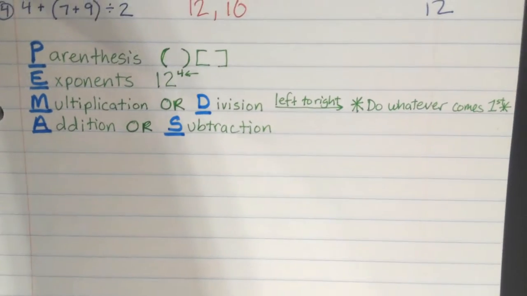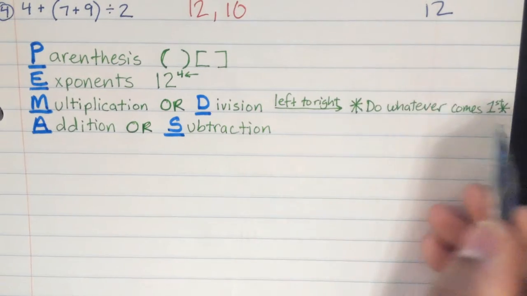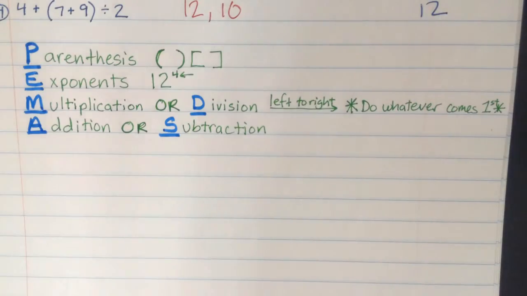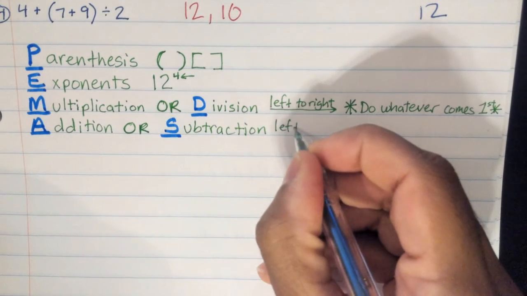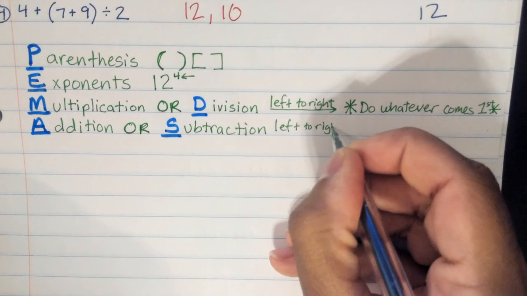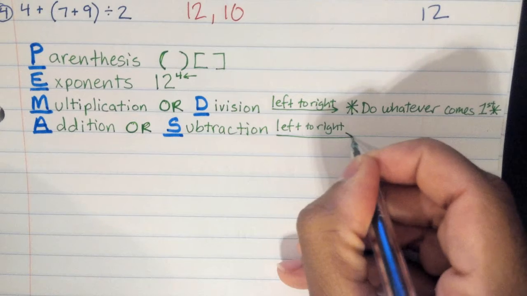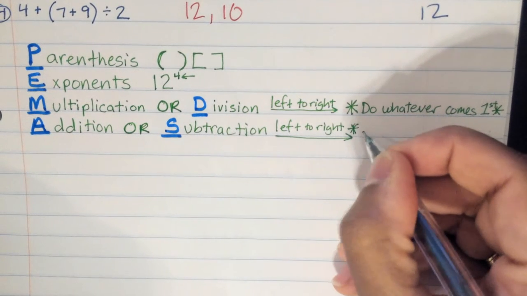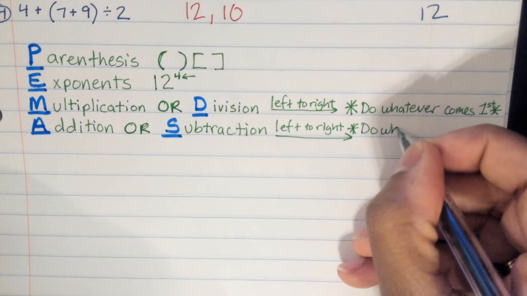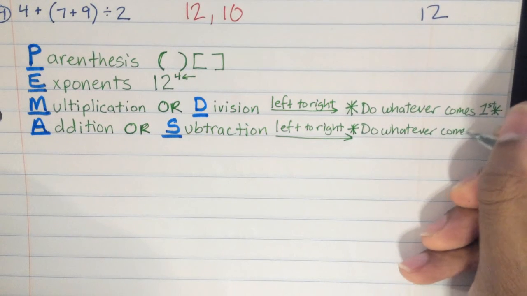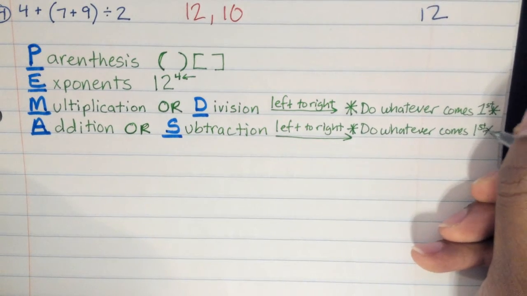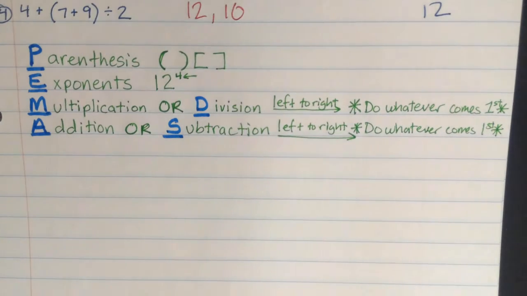Addition or subtraction. And we're going to repeat the same exact thing right here. So if you want to draw a ditto mark or whatever works for you, we do left to right, and the same rules: do whatever comes first.